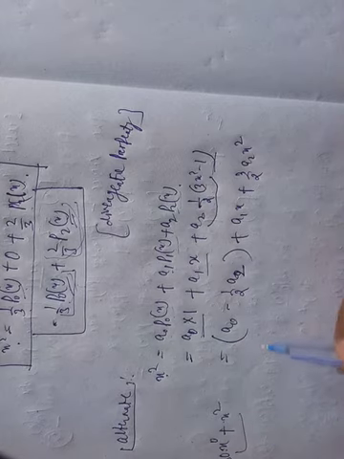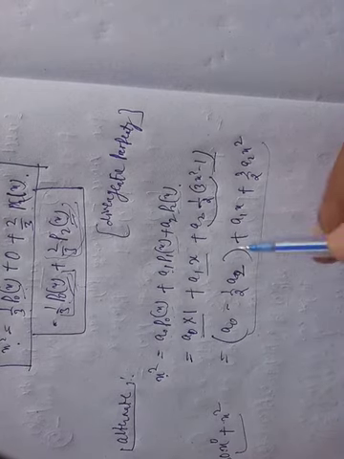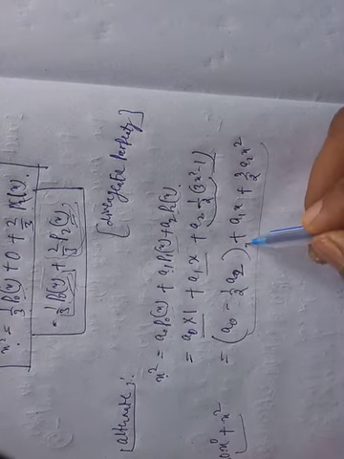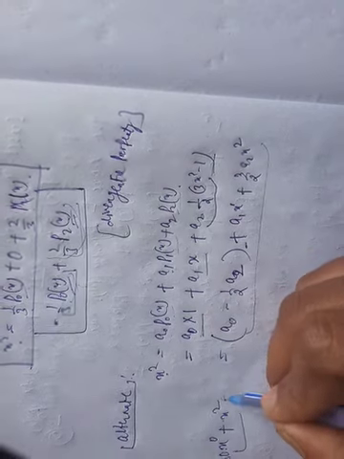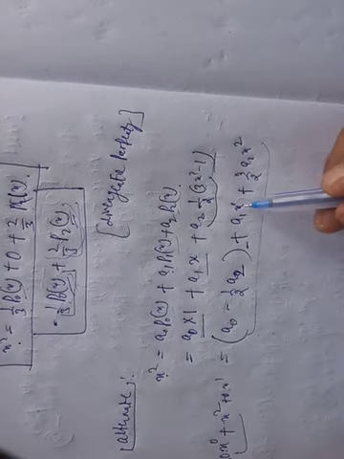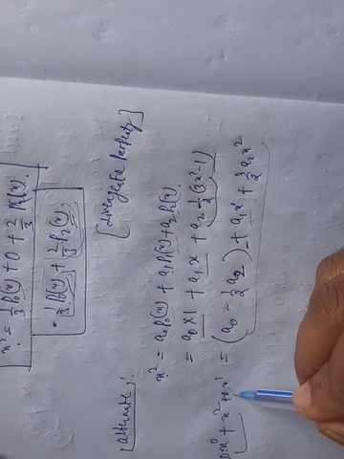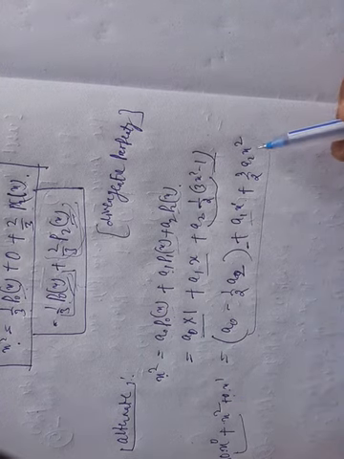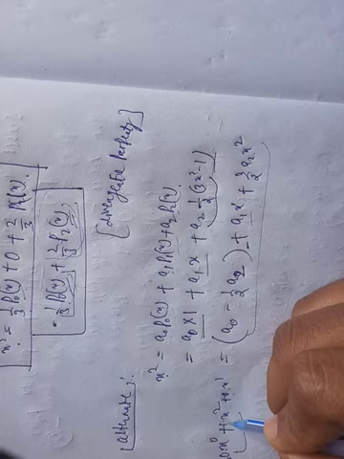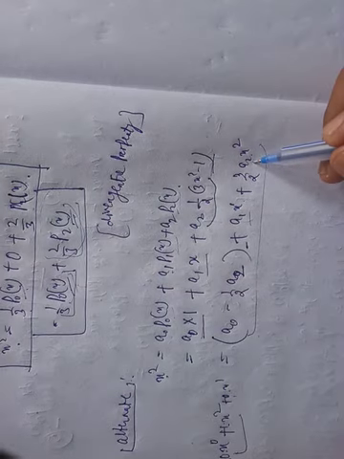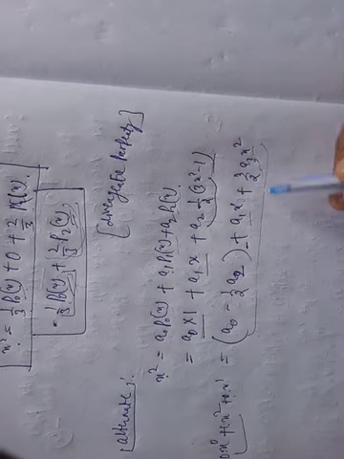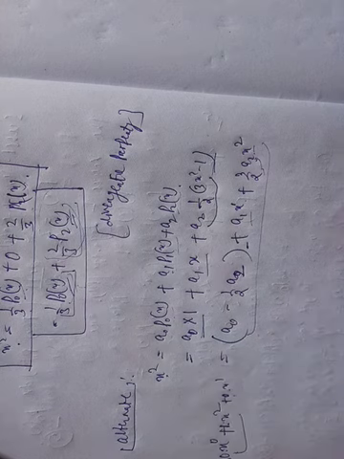Now compare the coefficients. You can see easily that the coefficient of the constant term is 0. Also there is no term for x to the power 1, so therefore the coefficient a1 also tends to 0. But there is a coefficient for a2, because the x square coefficient is 3 by 2 a2, and there is a 1 multiplying x square.